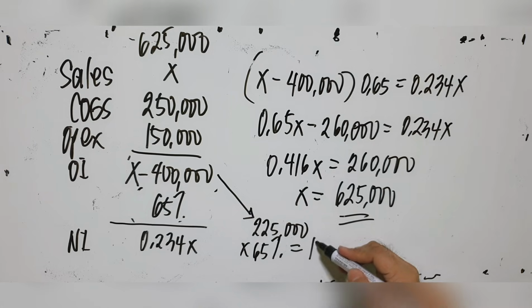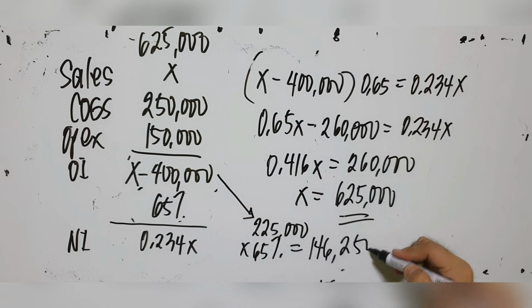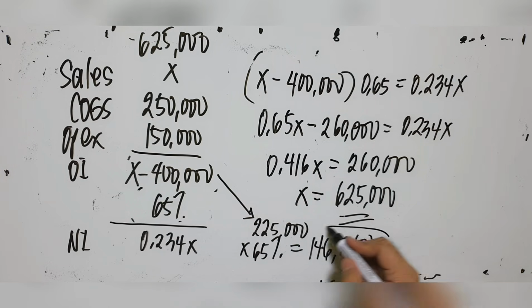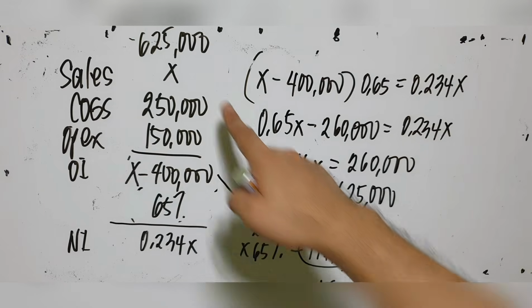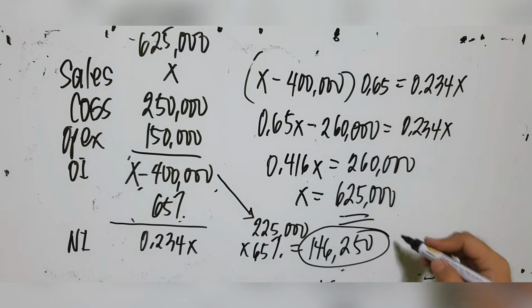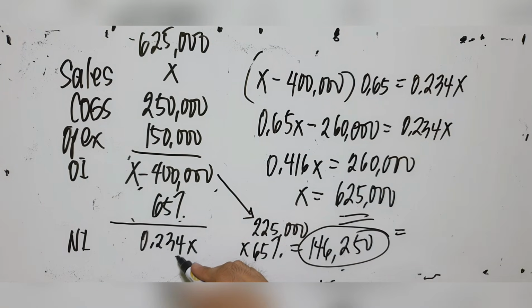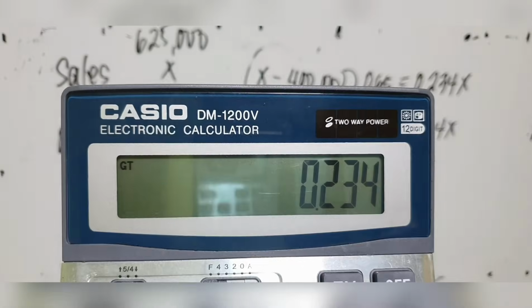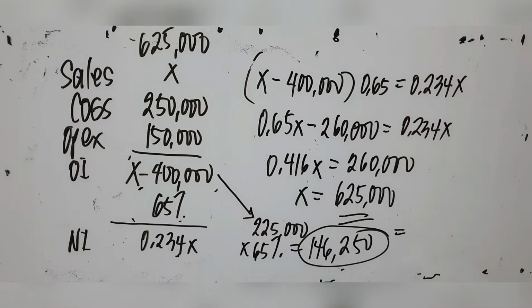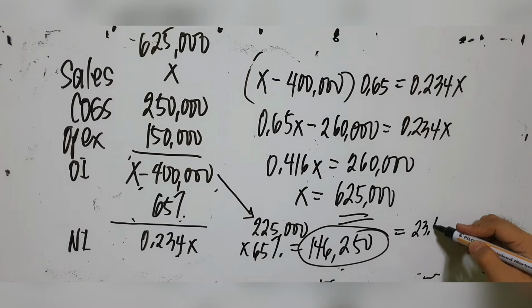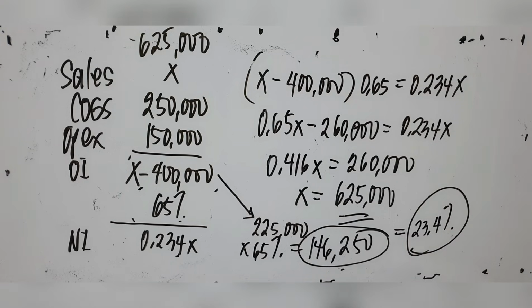That is 146,250. Check natin. If 146,250 ba, divided by the 625,000 will give us the 0.234 or 23.4%. So, divided by 625,000. So, lumabas na 0.234 or 23.4%. Okay. So, that's problem number 11.